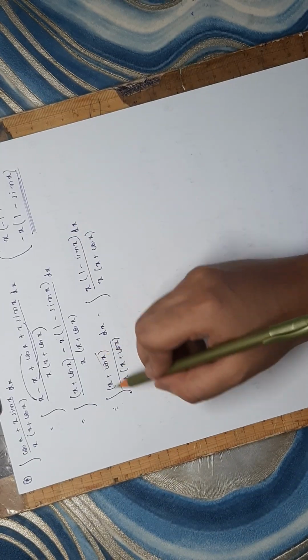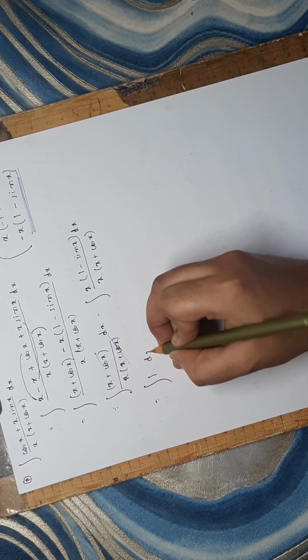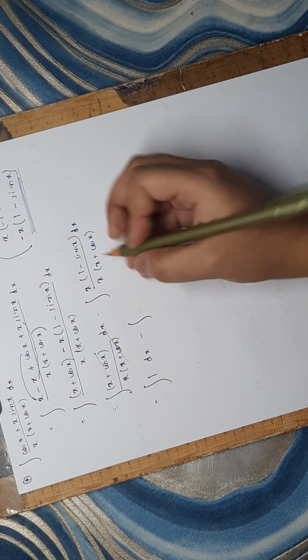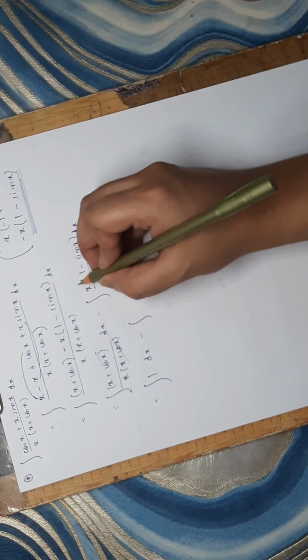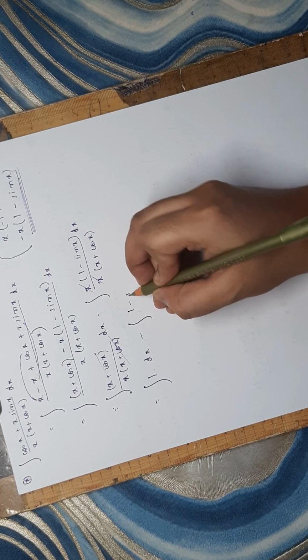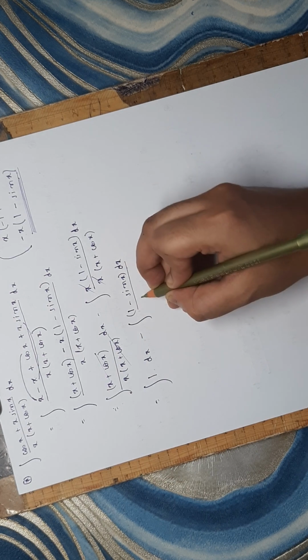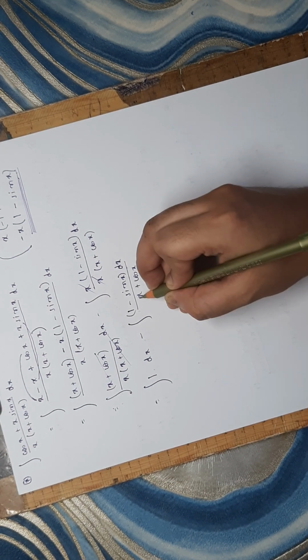If I do that, then this part will get cancelled and I will be left with a 1 dot dx here, and here x gets cancelled, so ultimately I'll be left with 1 minus sin x dx divided by x plus cos x.